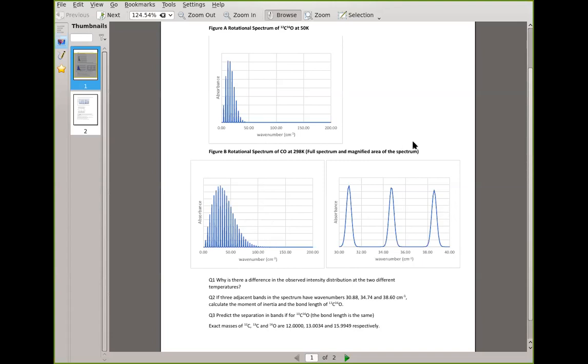The problem is really about looking at the bands on the spectrum and calculating the moment of inertia and the bond length of the two. Those are quite straightforward to do. So maybe I won't go in depth in the solution, but maybe we can just get started on that and see where we're at.